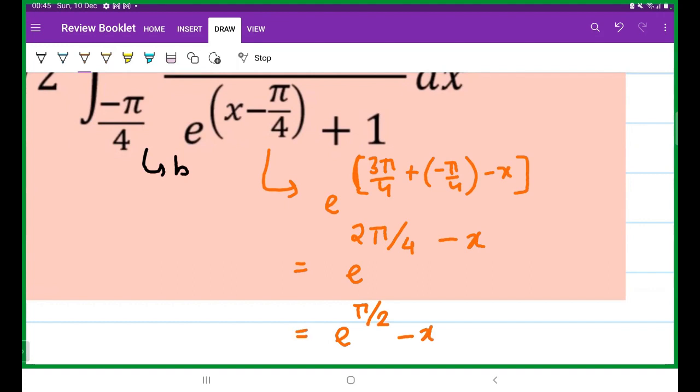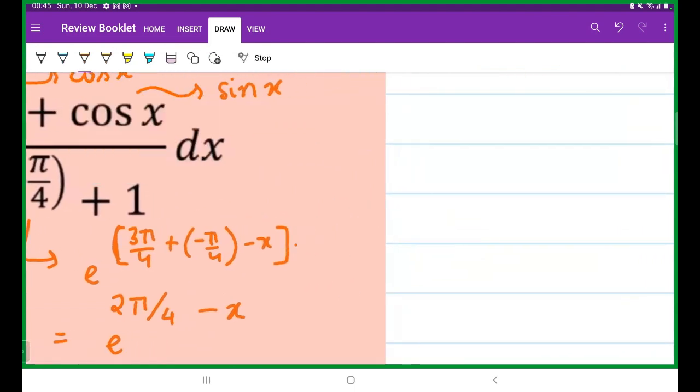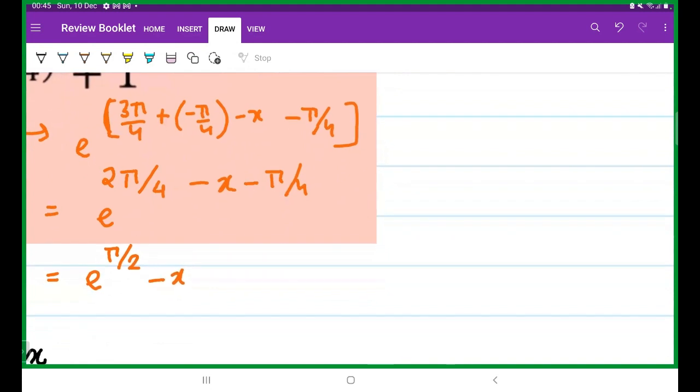I missed one minus pi by 4 over here as well. So this becomes e to the power pi by 4 minus x, which is basically 1 by e to the power x minus pi by 4, right?